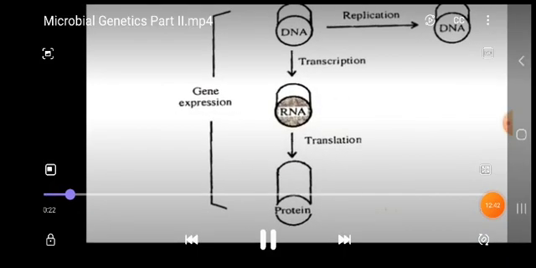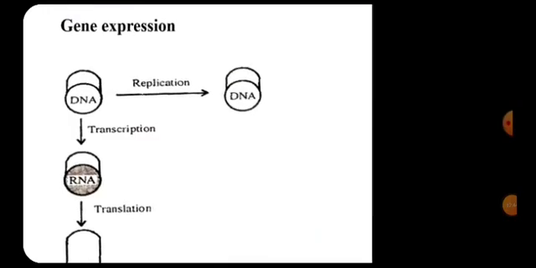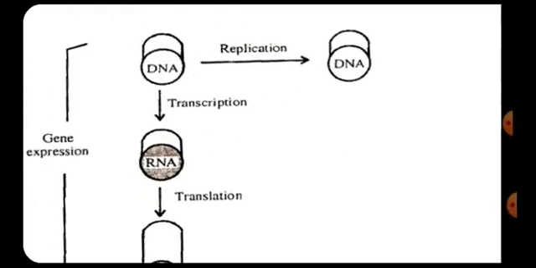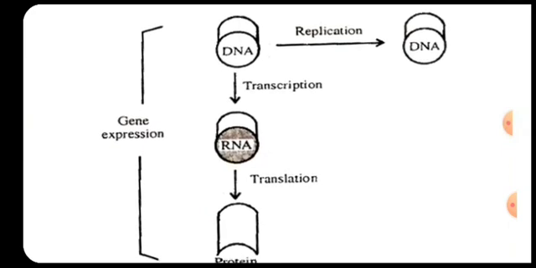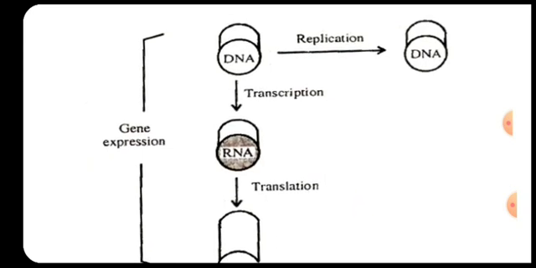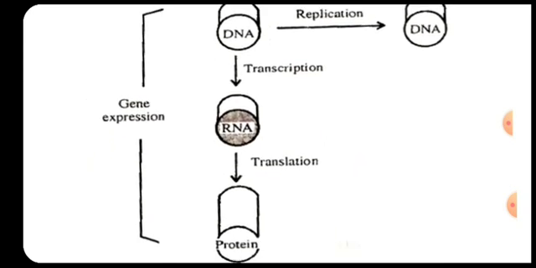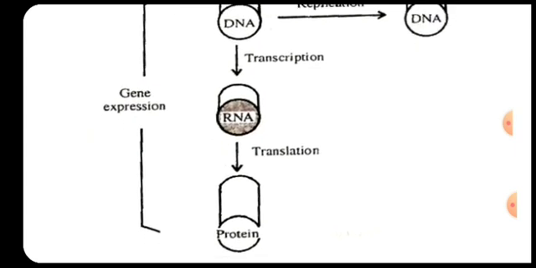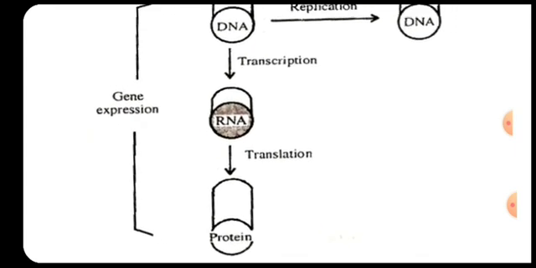This is from DNA to protein. This event happens in two stages. First is transcription, in which DNA to mRNA synthesis is the step. Then the second step is RNA to protein, that means from mRNA to protein.